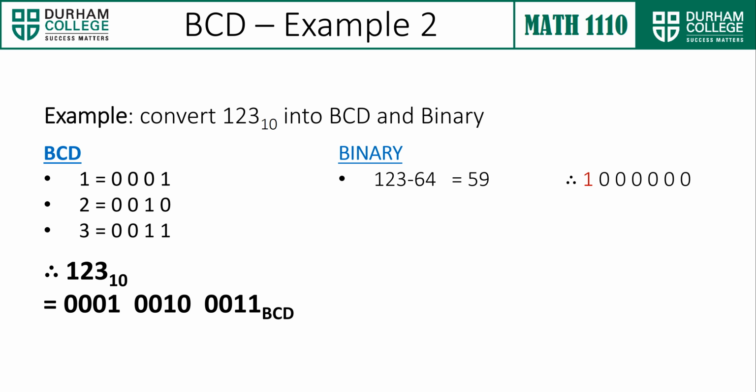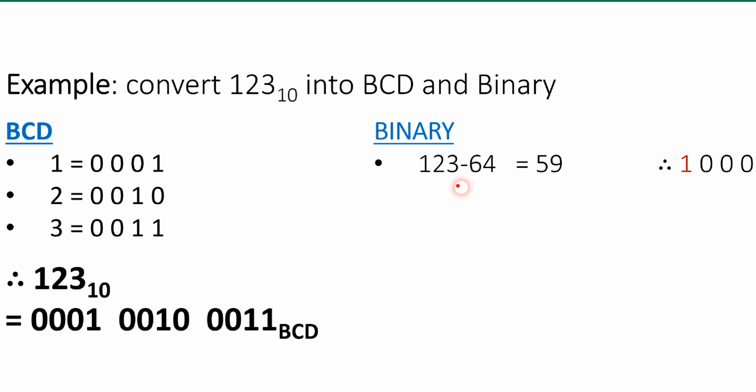Let's start with 8. An eighth bit in binary translates to the decimal number 128, right? So I'm going to think, can 128 go into the number I'm trying to represent? Can 128 go into 123?